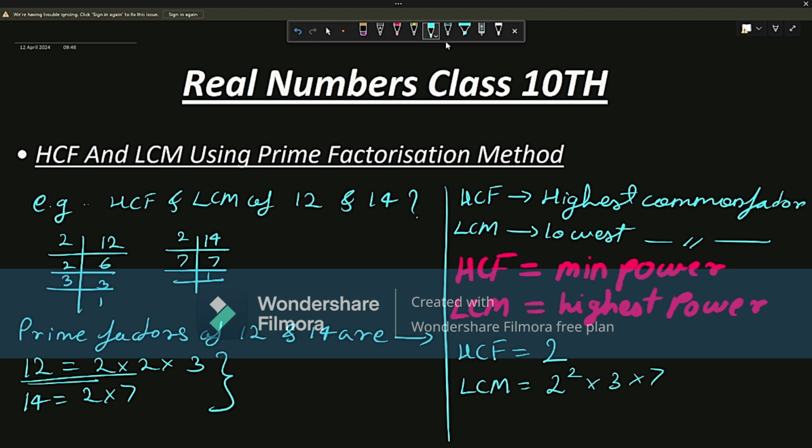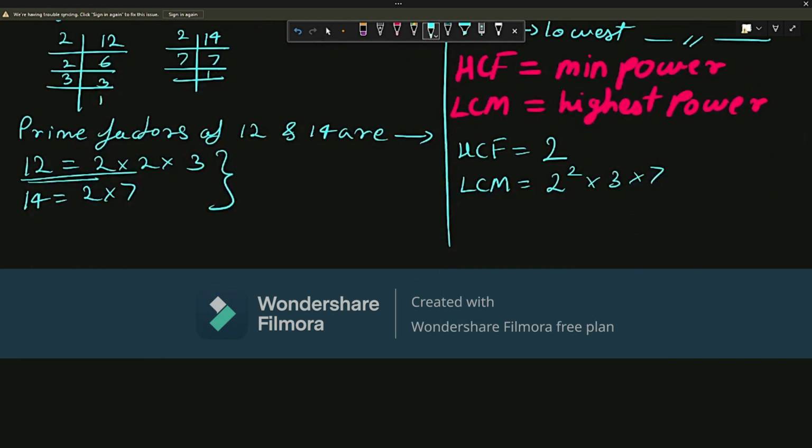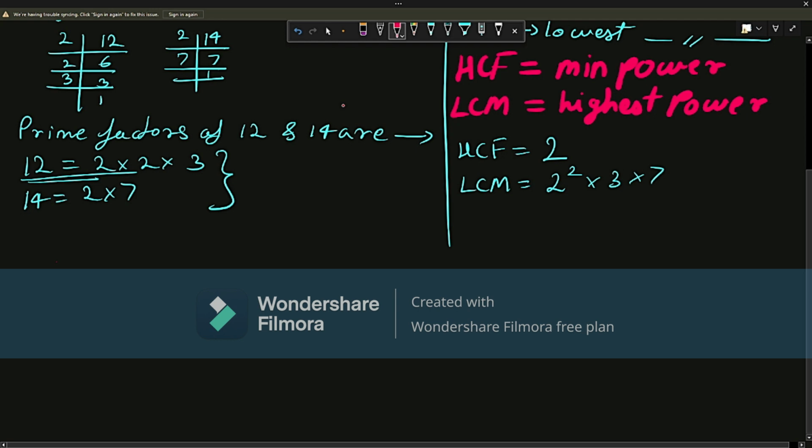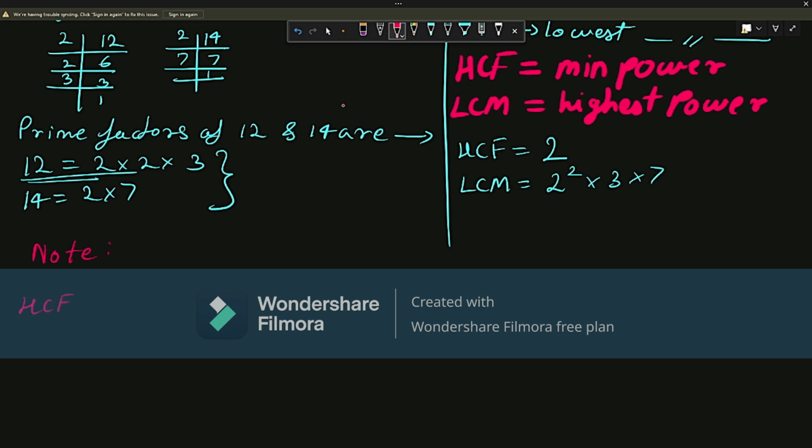Now there's one more thing that is really important, and questions are asked on this. Now I will do it with a red pen. Okay, so note, this is a note point. In your NCERT book there's a question in which they have given numbers like this: HCF of a and b into LCM of a and b is equal to a into b.